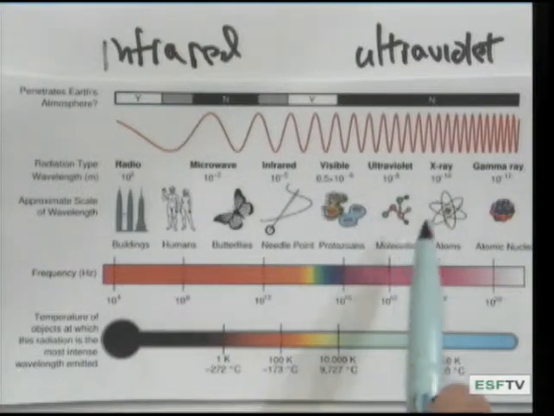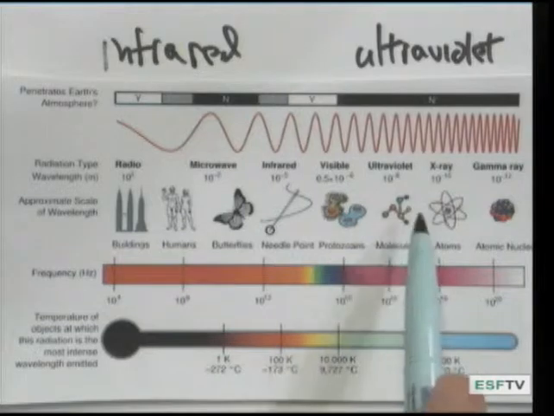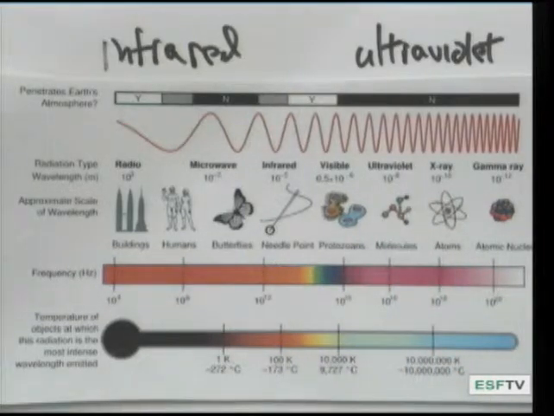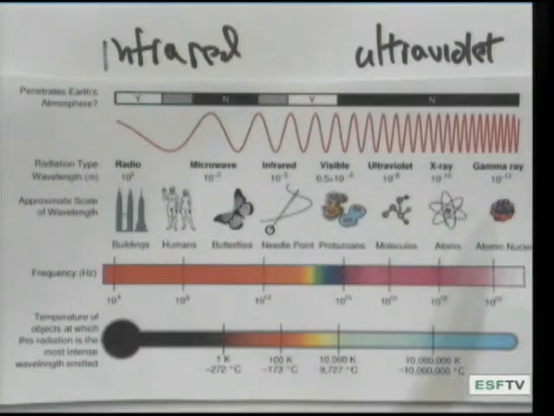You can see when you start getting up into the ultraviolet range, you're talking about wavelengths that are on the order of magnitude the size of molecules, and that can cause all kinds of interesting damage to molecules, which we can feel primarily as sunburn and those kinds of things, but which can also do things like generate mutations. And the further you get up towards this end over here, the more energetic those light waves and the more damaging they can be.